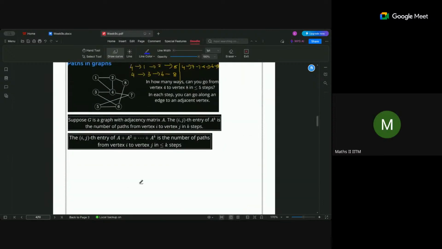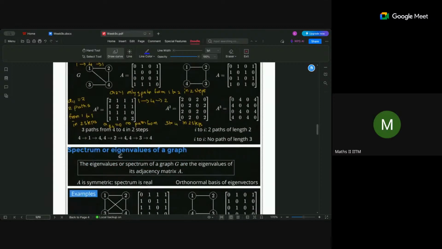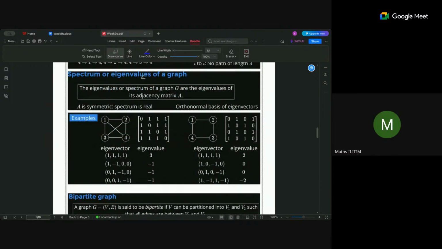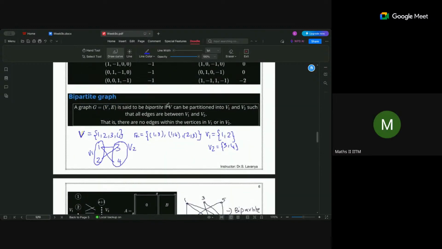Then we saw that the walks of a matrix can be found by looking at the values of the A to the power k matrix. The eigenvalues are referred to as the spectrum of a graph. And we saw what a bipartite graph is. If we are able to partition the vertex set into two different sets V1 and V2 where there are no edges within the sets and all the edges are between V1 and V2, then we call it a bipartite graph.